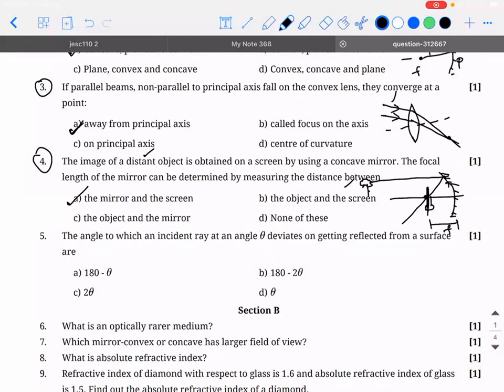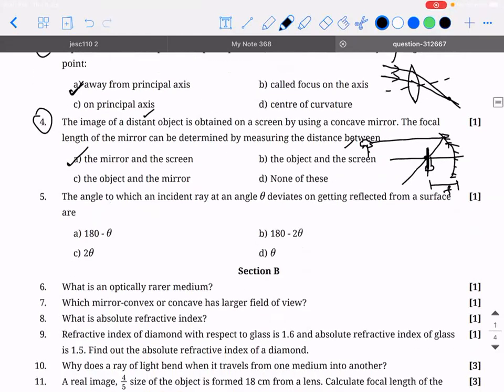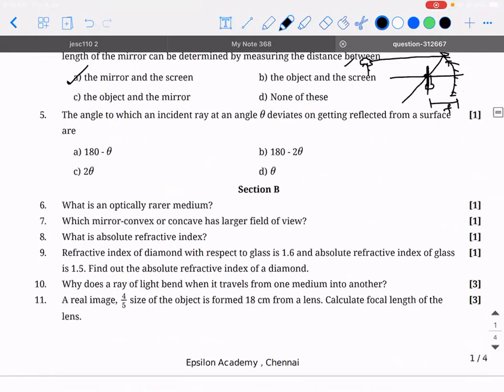When you do it in the lab, you'll find the approximate focal length of the concave mirror that they have given. And that approximate focal length is said to be found using the distant object method. I know all these are slightly tougher questions, but I brought them so that your thought process can be improved.